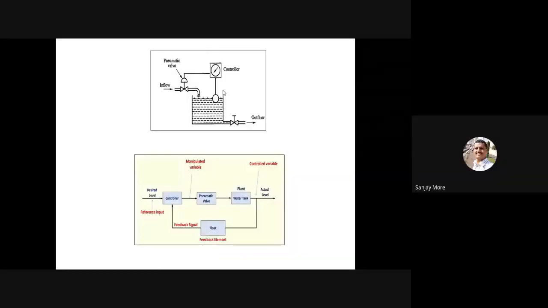Here in the block diagram, there are various reference points, input points, and feedback elements. See the desired level. Then the controller gives the direction to the pneumatic valve, and the pneumatic valve to the water tank in the plant. And the control variable means shutting off or stopping the flowing water.